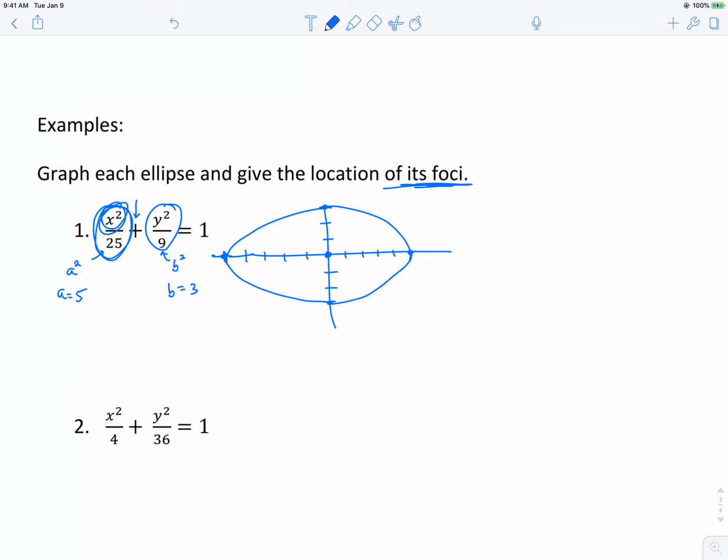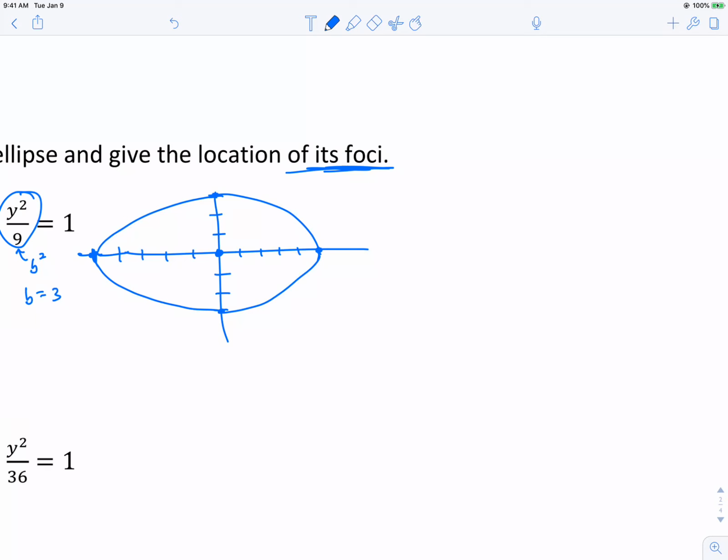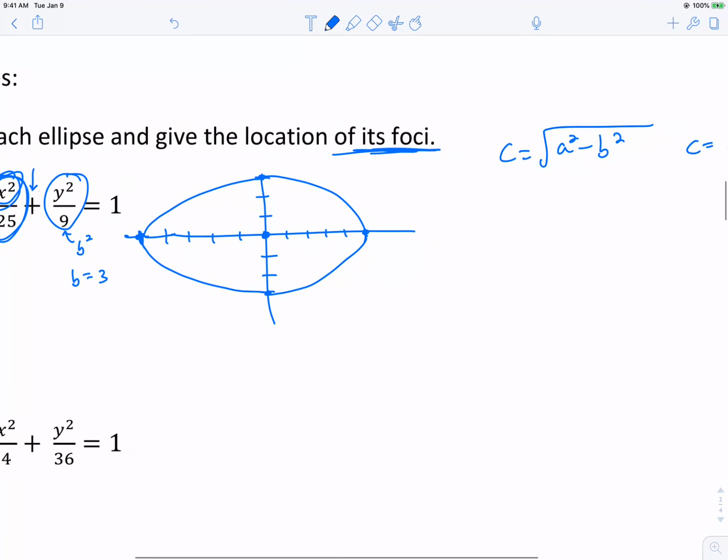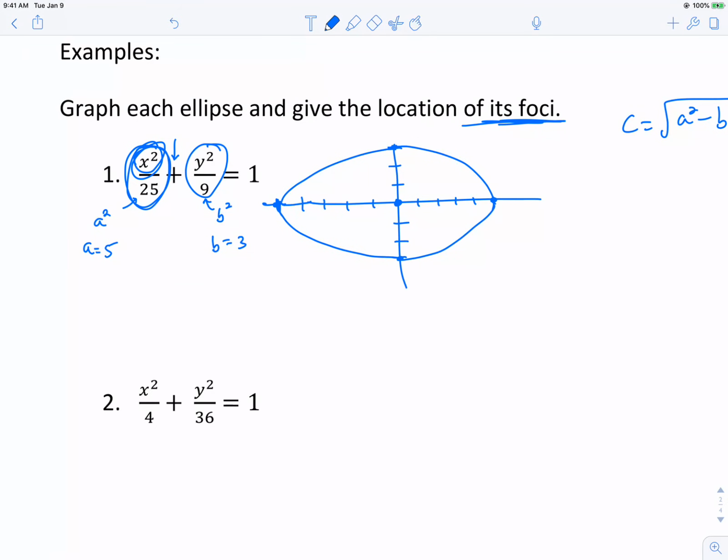We do want to find the location of the foci. So that was those formulas before where we said C equals the square root of a squared minus b squared, or C equals the square root of b squared minus a squared. Basically, all you do is you take the bigger one minus the smaller one. The bigger one is the a, so we would do a squared minus b squared. Remember, we already have a squared is 25.